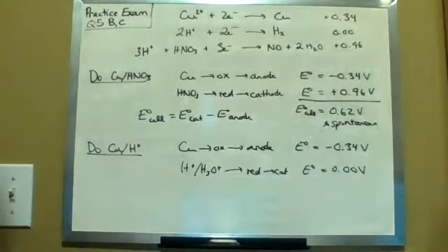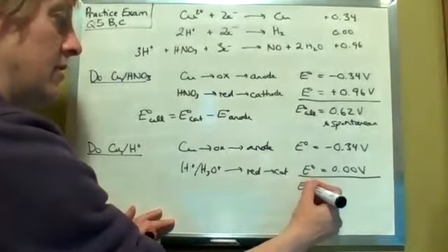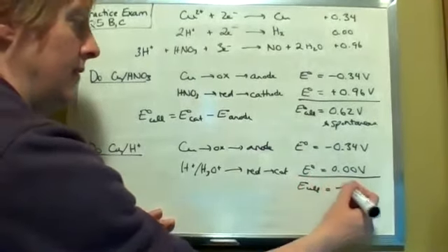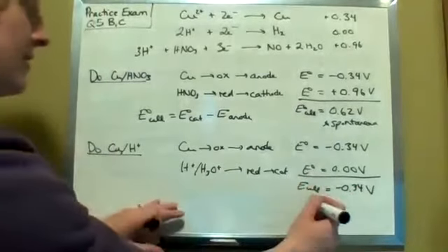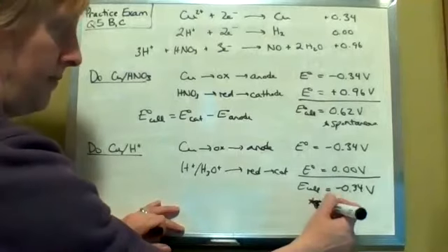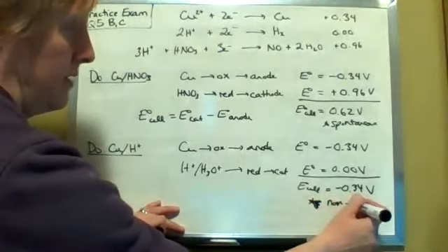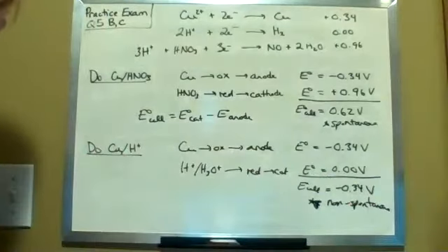So it's just going to be 0. You're adding these together. You see that you get an E naught cell that is negative, meaning that this reaction in this way is not spontaneous. Non-spontaneous. That's just giving us that proof.